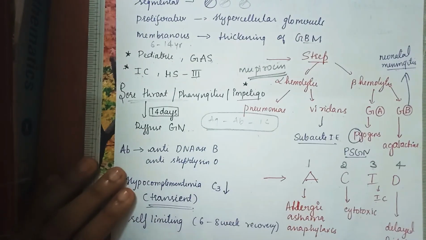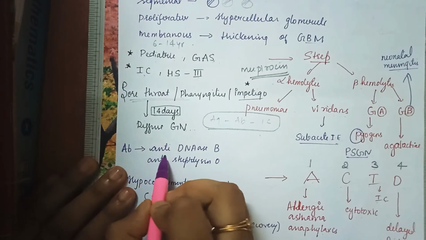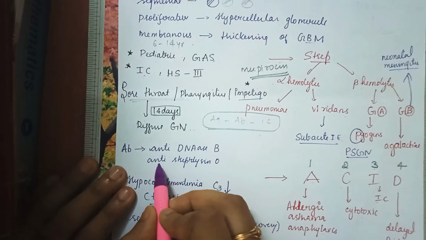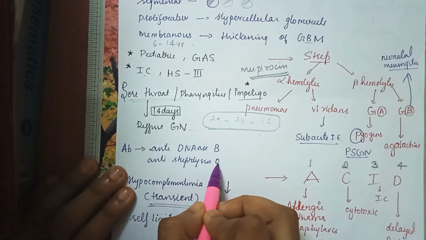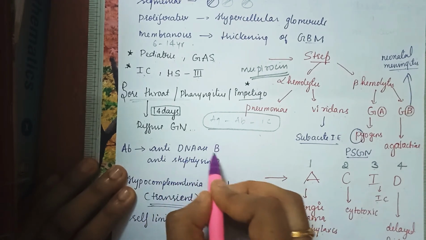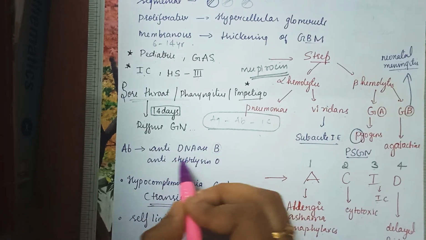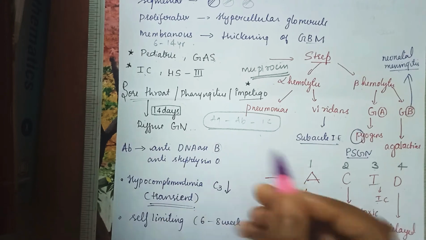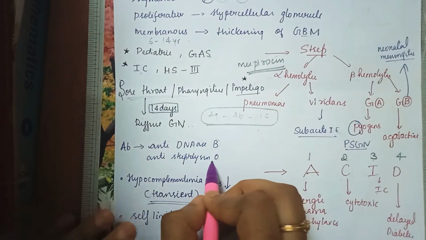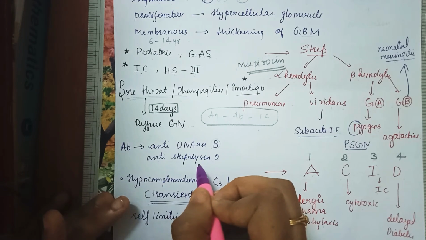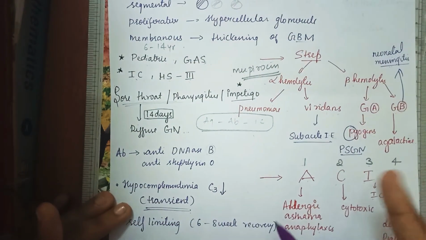One more important thing is which antibodies are involved. It mainly involves anti-DNase B and anti-streptolysin O. Remember, anti-DNase B is the most common one. After that, because of the immune complex, the complement system gets activated. I have explained this pathogenesis in nephritic syndrome itself.